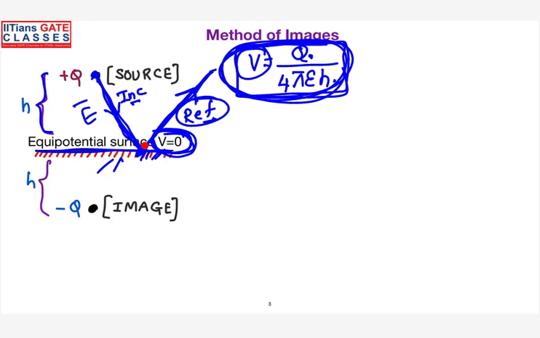The final conclusion is, when you place any test charge at a height of, let us say, h from a conducting ground plane, the ground plane potential will remain the same. Whatever electric field the charge contributes, another electric field will be created, so that the potential remains the same.